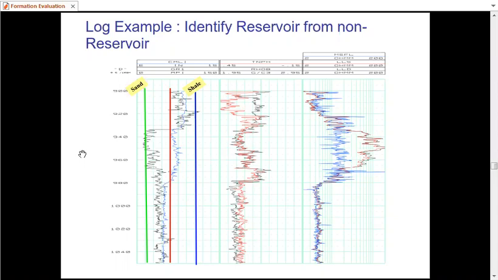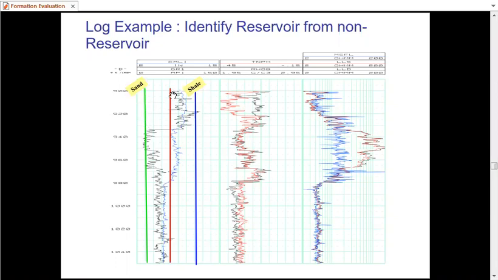So you will draw a line for the low value of gamma ray, and on the other side, you will draw a line at the high gamma ray value, the high gamma ray value for shale and the low gamma ray for sand.